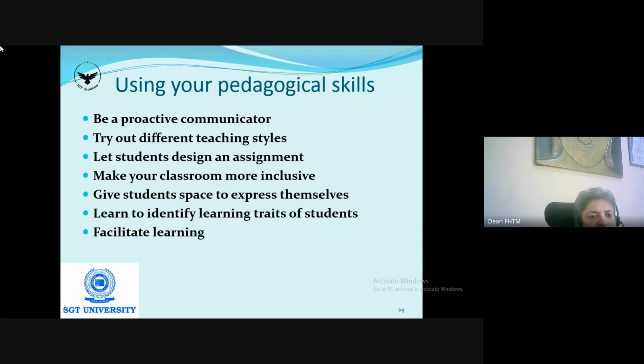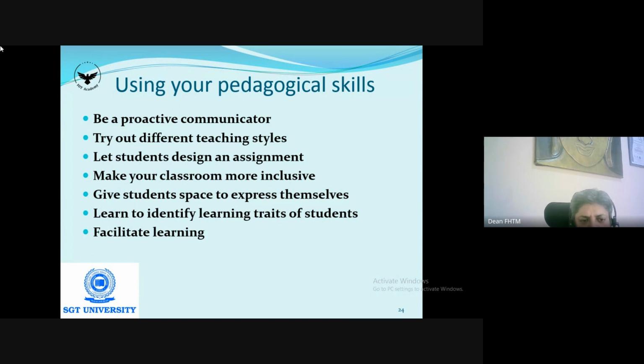Let the students design an assignment. Ask them sometimes to decide what should be the assignment for the class, and let the other students do the assignment in a real time fashion. Make your classroom more inclusive. Be open. Give students a lot of space to express themselves so that they are confident.